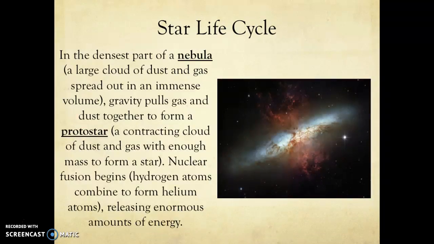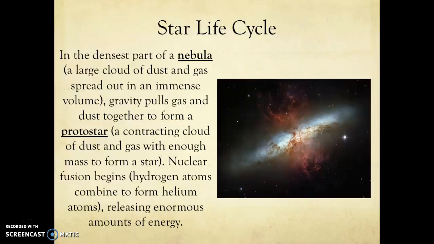All right. So the beginning of the star cycle. This is where stars are born. So in the picture off to the side, we have what's called a nebula. And a nebula is a very large cloud of dust and gas spread out in a very large volume, so it takes up a lot of space. Now, in the densest part of this nebula, gravity starts to act, and it starts to pull the gas and dust together.